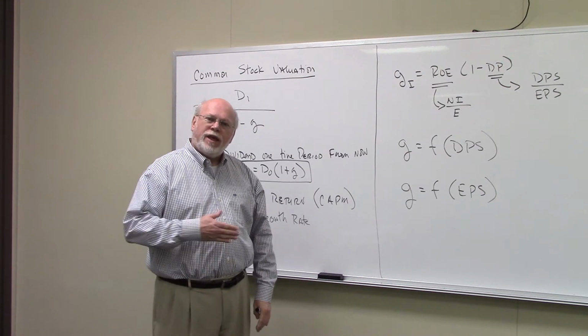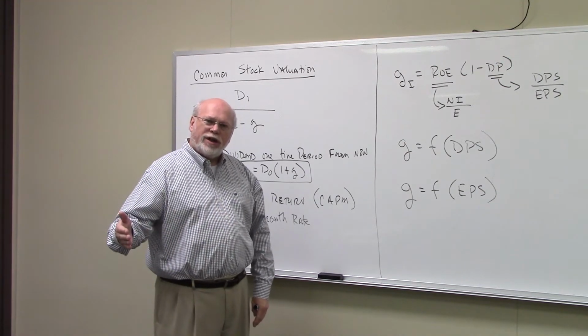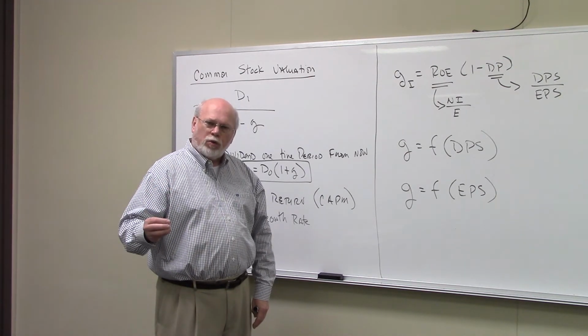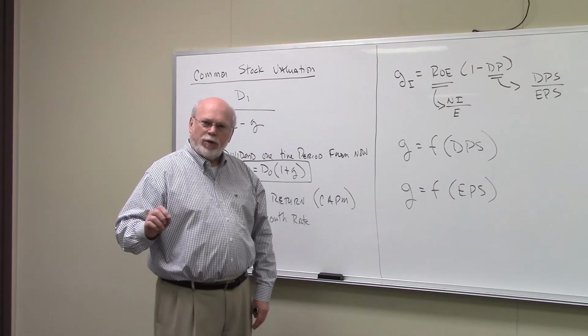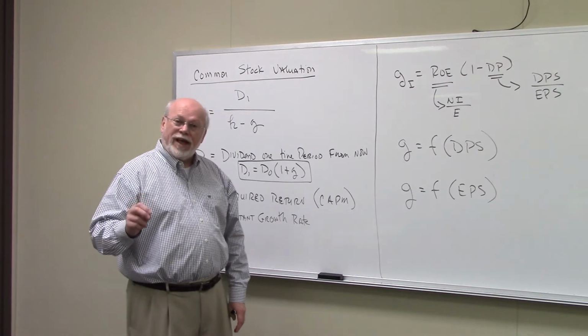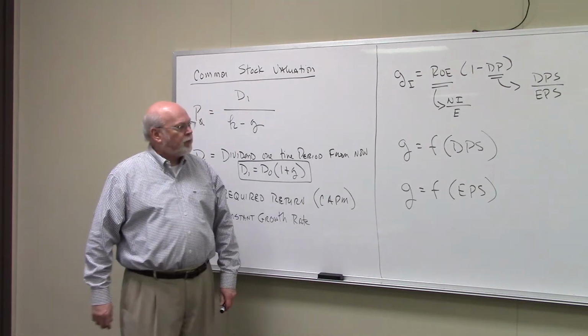So if a company pays out all of its earnings in dividends, its internal growth rate is going to be 0. That's not really what most people want, but that's what that implies, and that's what that's telling us.